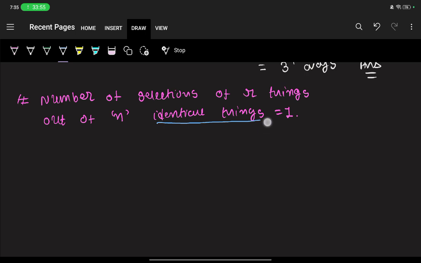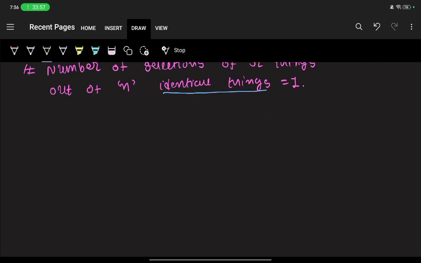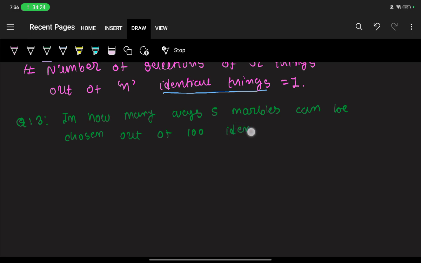For example, if you look at this question, in how many ways can 5 marbles be chosen out of 100 identical marbles?